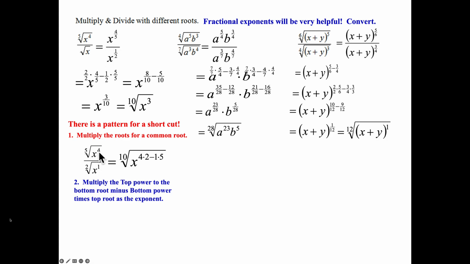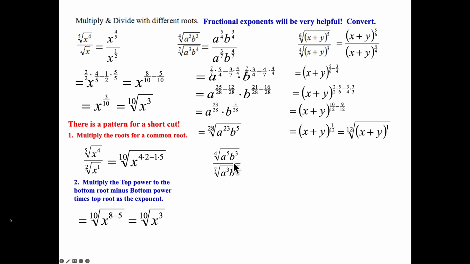So 4, top power times bottom root 2, minus bottom power 1 times top root 5. 8 minus 5 is the 10th root of x to the 3rd. There's my answer.